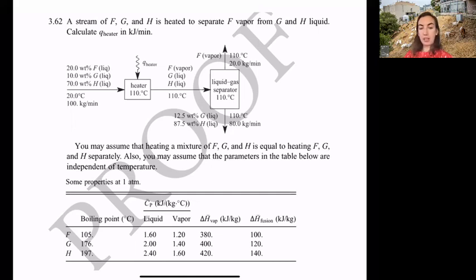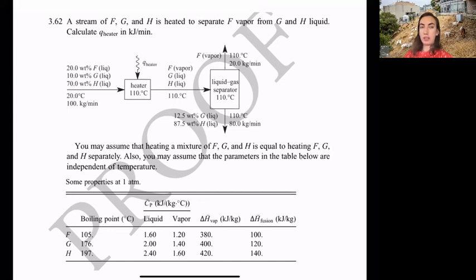F, however, has a boiling point of 105. So it needs to get from 20 degrees C as a liquid to 110 as a vapor. So as a liquid, it heats to 105, then it vaporizes, and then it heats from 105 to 110 as a vapor.